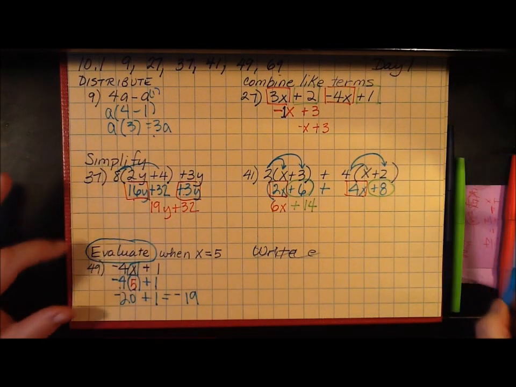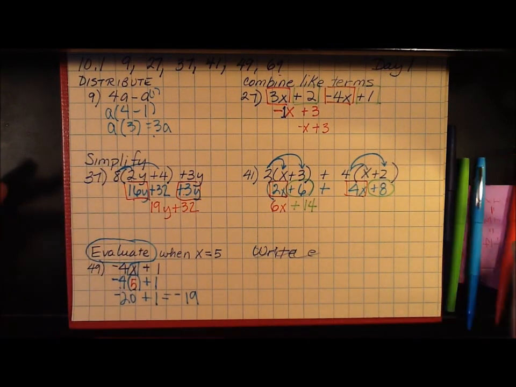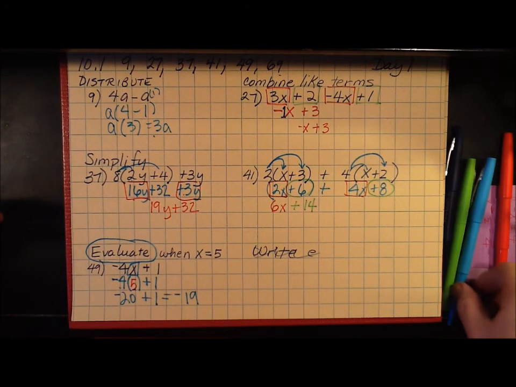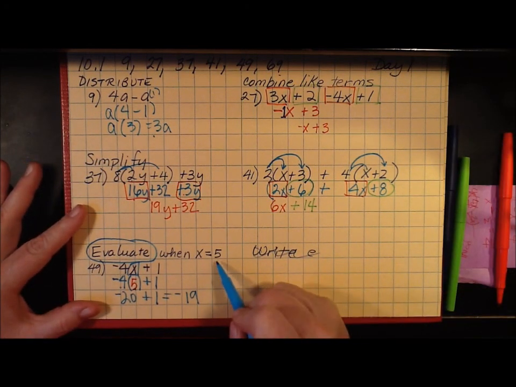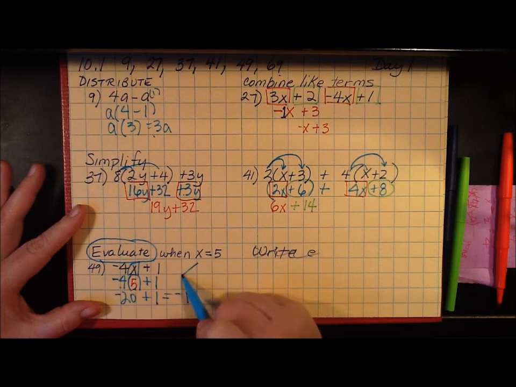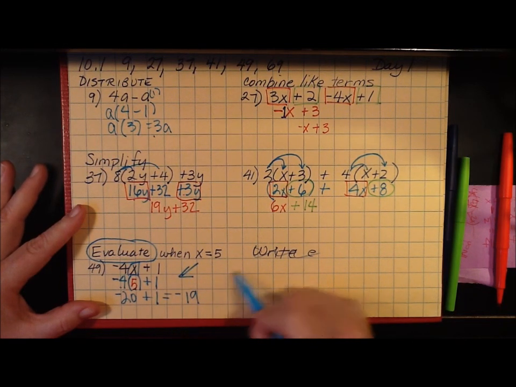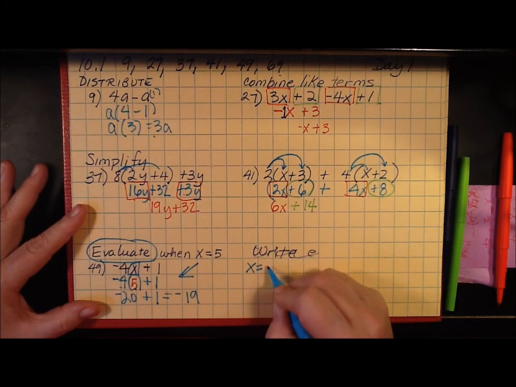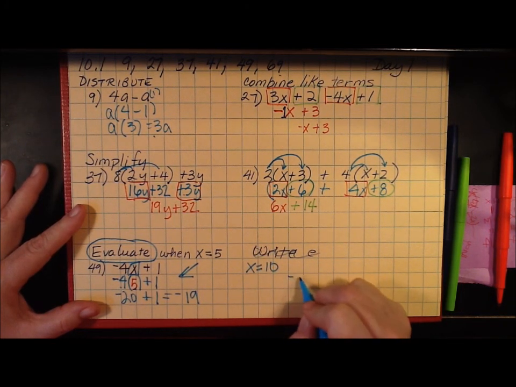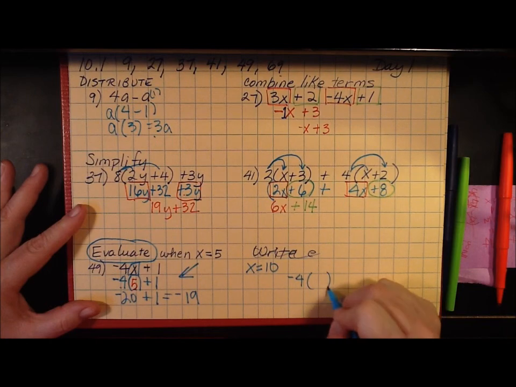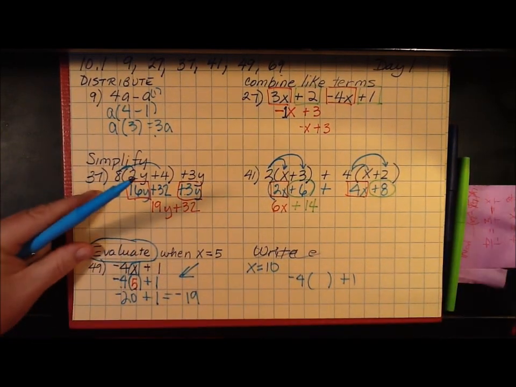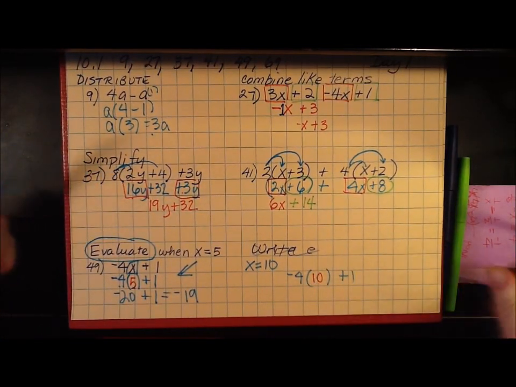One thing to think about with these evaluation problems is it sort of gives you an idea about why we call it a variable, because for this particular case x equals 5. But if I had a different case where x equals 10, I would have negative 4, and I would plug in, instead of x, I would plug in 10.